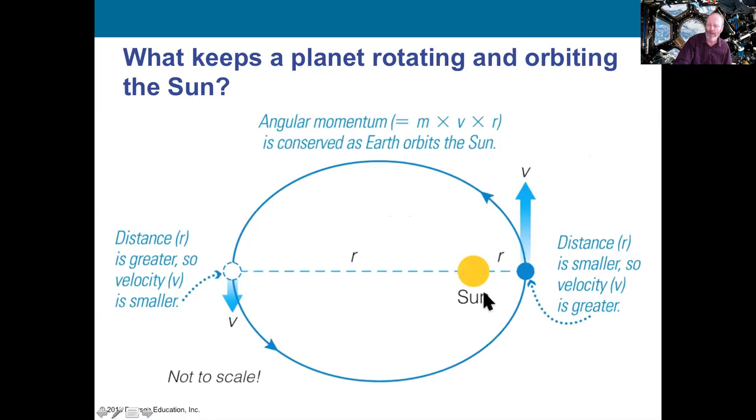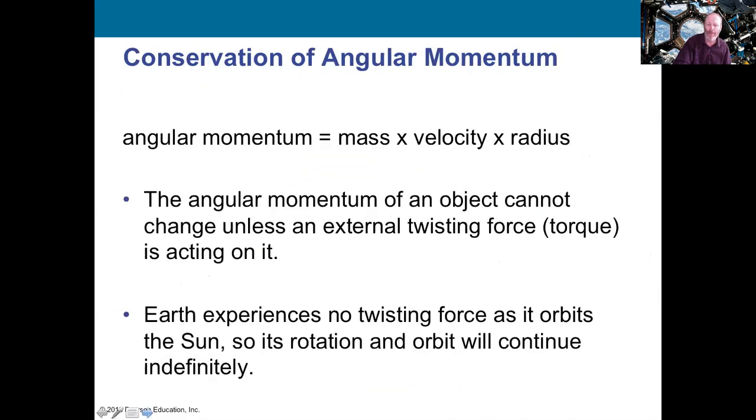Here we have less distance, but the velocity is greater. So we have one of our elements that's larger and smaller, and those balance out all the way along. So that angular momentum is conserved along the way. Some of this is potential and some of it is actual energy. And we'll talk about the difference between that as we go along.